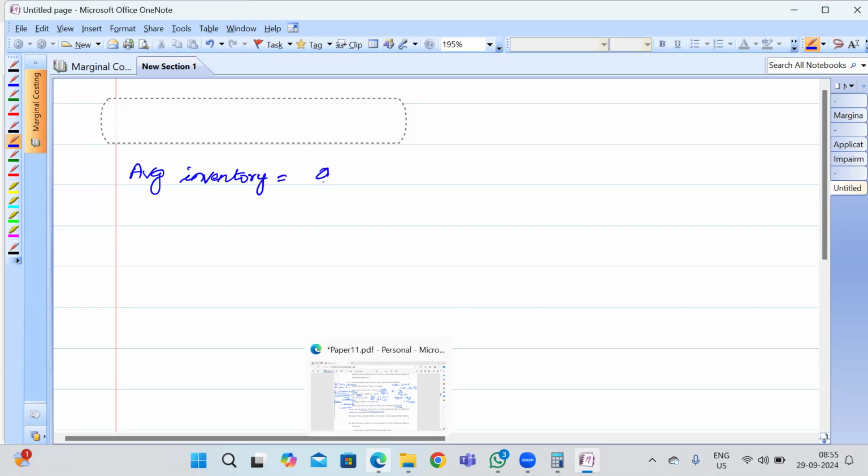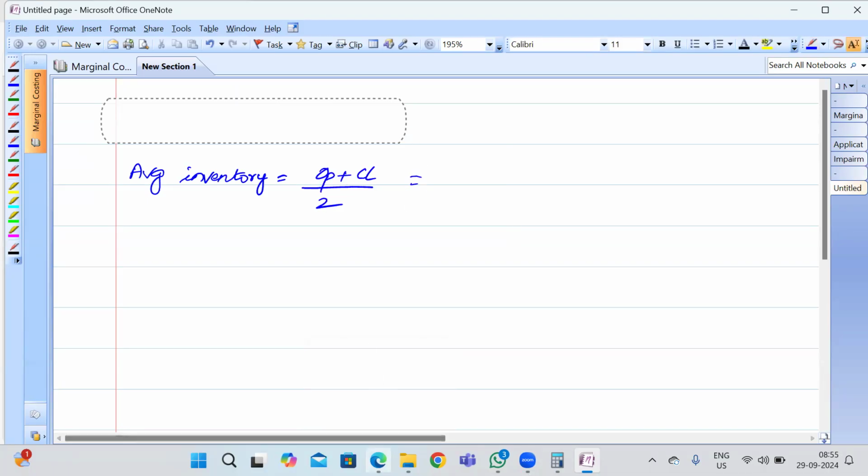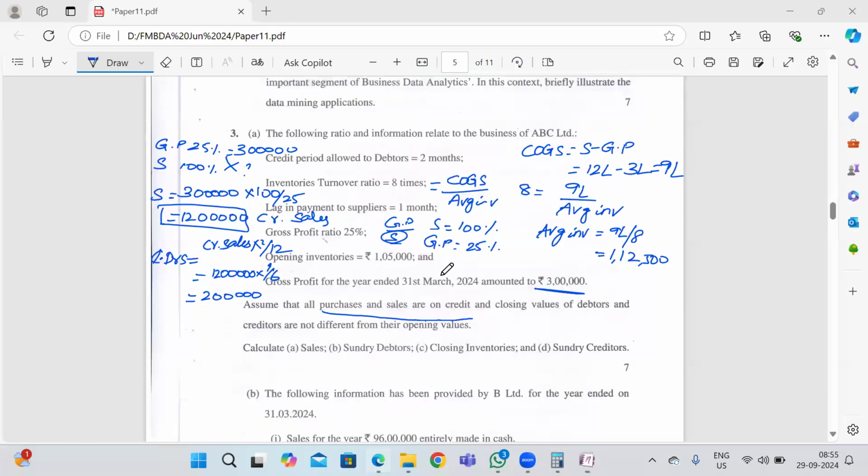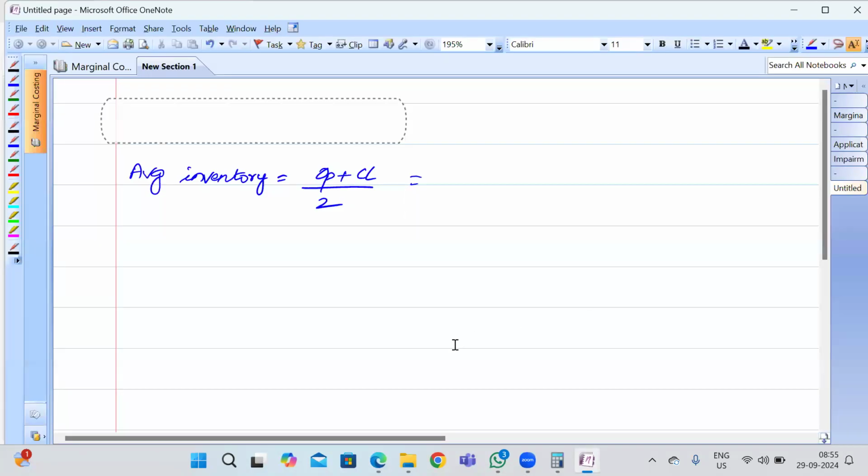That is opening plus closing divided by 2. Here we have opening inventory as 1,05,000, and average is 1,12,500. So average inventory 1,12,500 is equal to 1,05,000 plus closing, divided by 2.